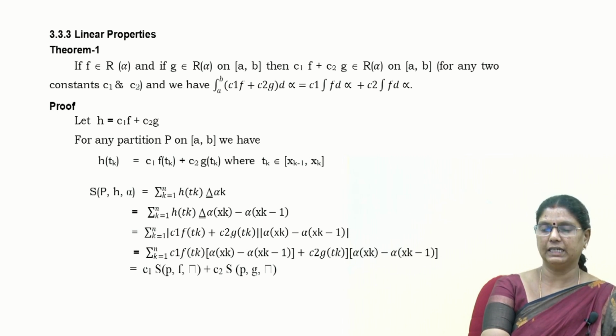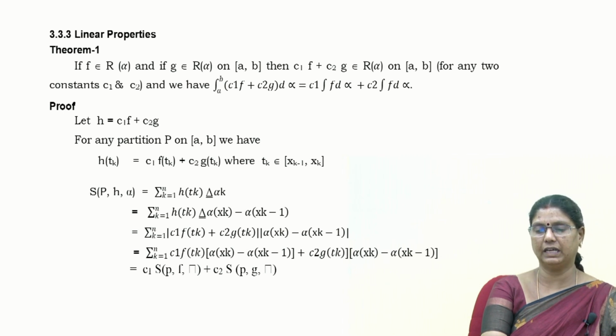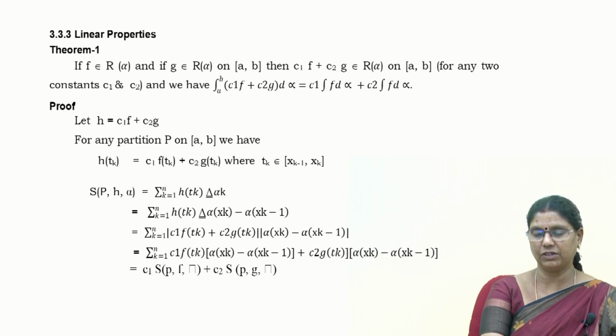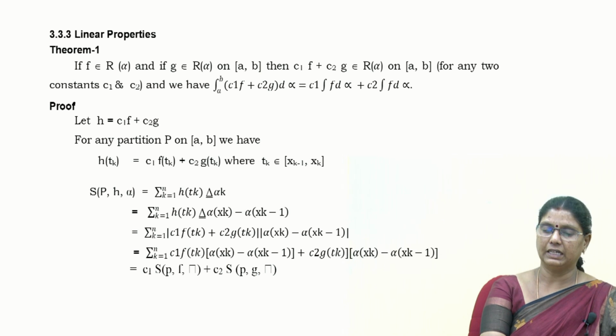To prove this, let us take h as C1 f plus C2 g, and for any partition P on the closed interval [a, b], we have h(tk) equal to C1 f(tk) plus C2 g(tk), where tk belongs to the closed interval [xk minus 1, xk]. Based on the definition of the Riemann-Stieltjes integral, S_P(h, alpha) can be expressed as the sum of h(tk) times delta alpha k, and instead of delta alpha k we can write alpha(xk) minus alpha(xk minus 1).